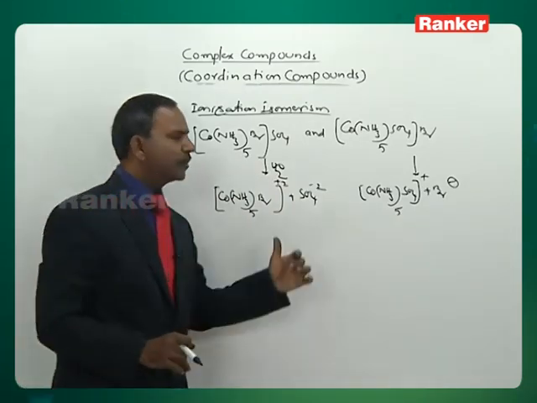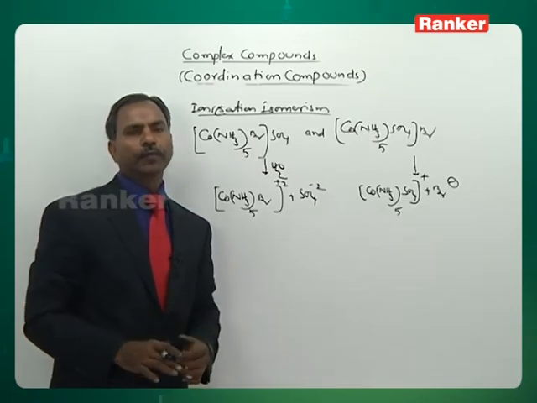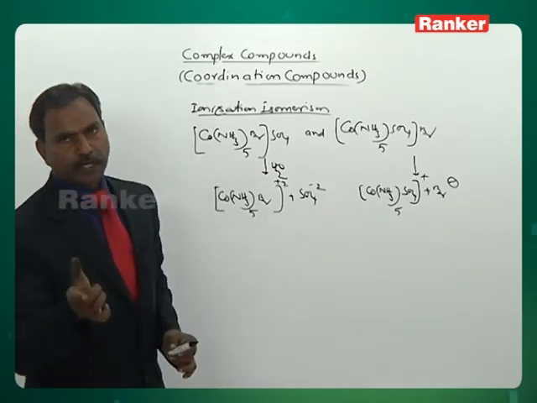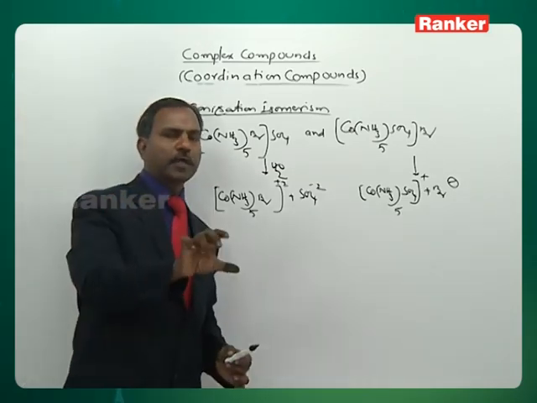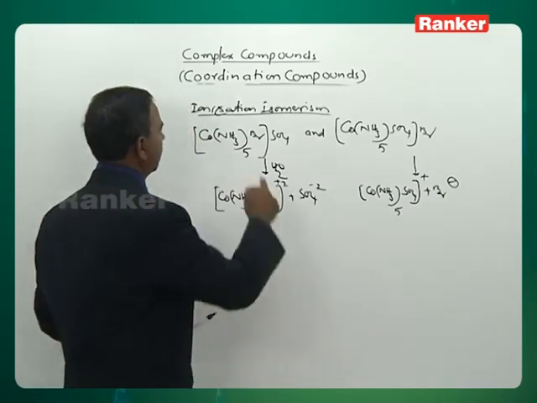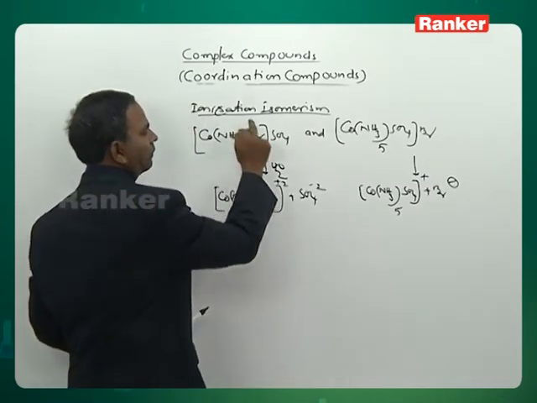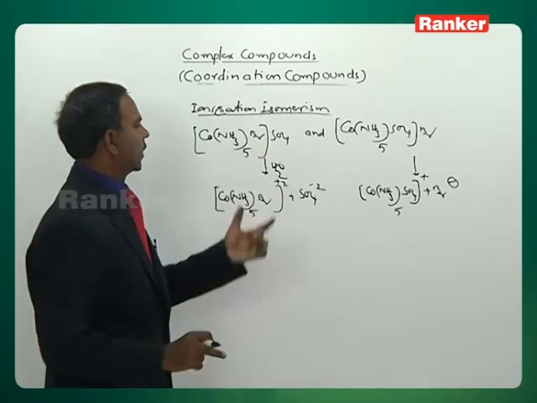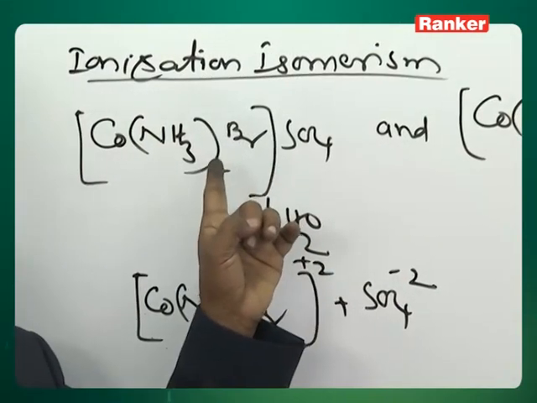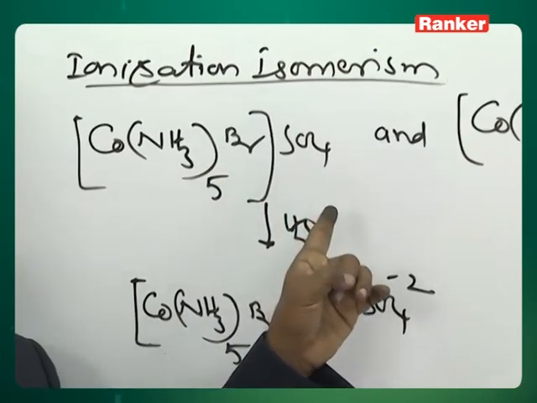This isomerism is due to exchange of anionic ligands between the coordination sphere and outer sphere. Observe clearly, this part is the coordination sphere, this is the outer sphere.